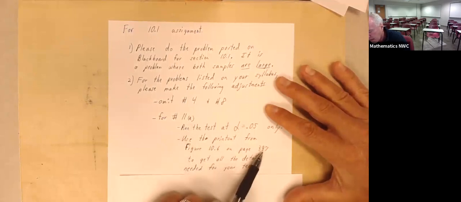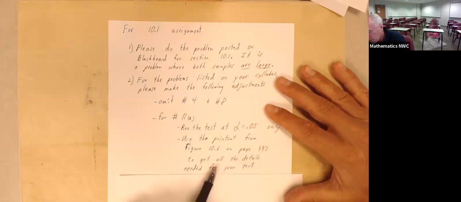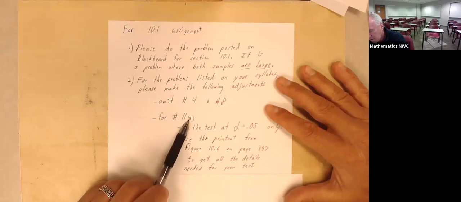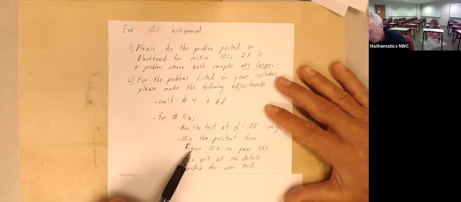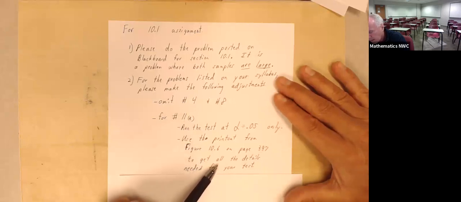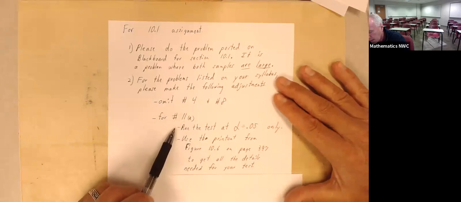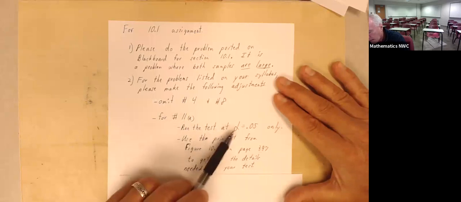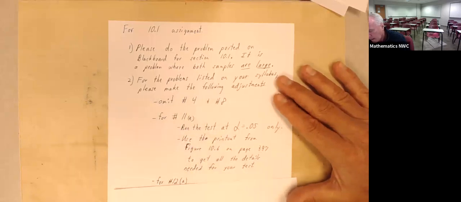It's on the next page, page 397, to get all the details you will need for this test. So when you're doing number 11A, look to the next page for figure 10.6. It's a computer printout that gives you the details you'll need to write this test out. But you will run the test, run the entire test out, write it all out at an alpha equal to 0.05.